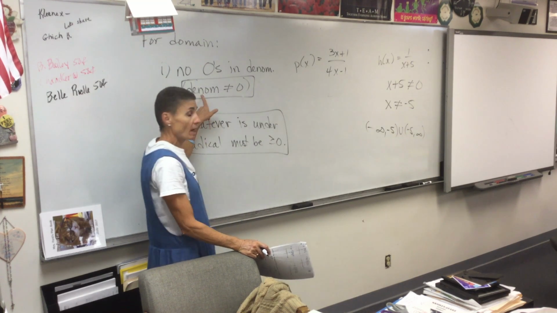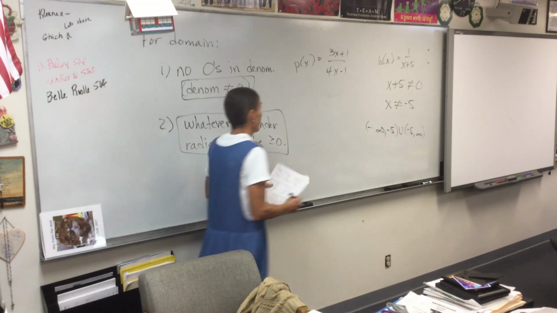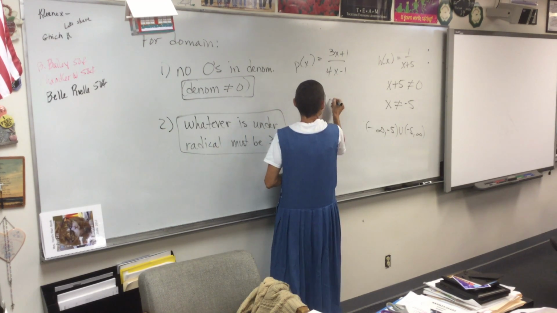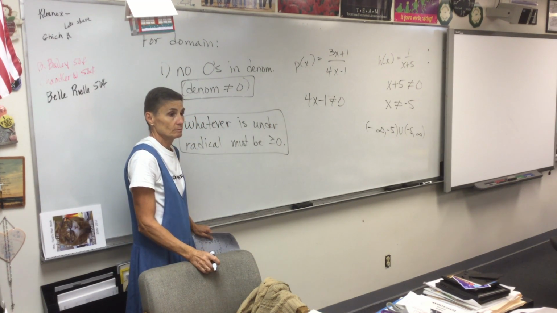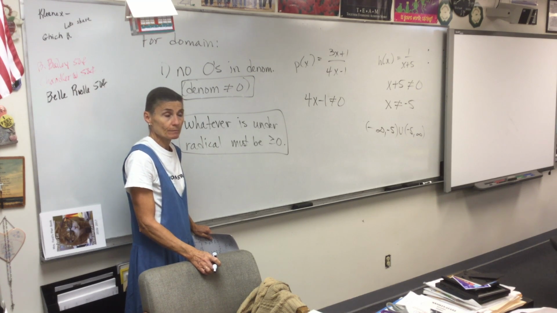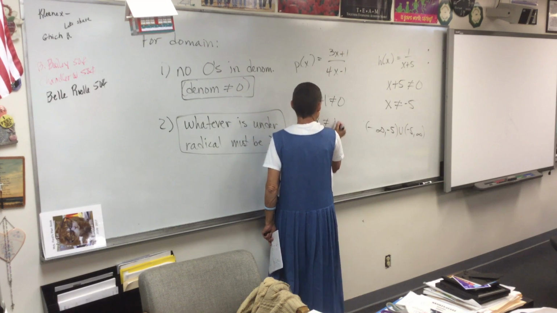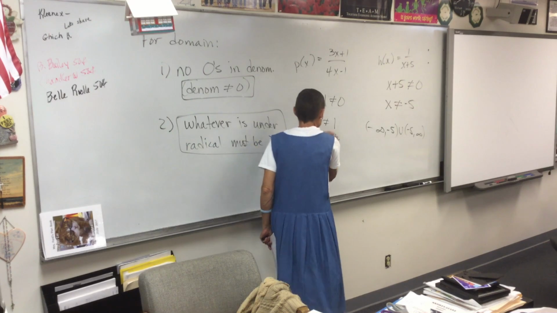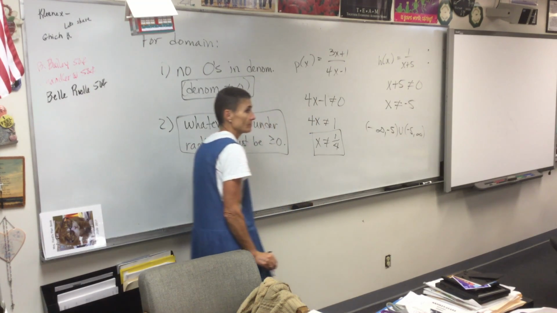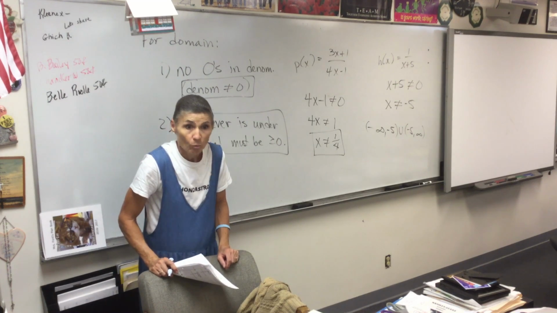What do I know about denominators? They cannot equal 0. So 4x minus 1 cannot equal 0, which means 4x cannot equal 1 and x cannot equal 1/4. This is your domain. That means every number except 1/4.